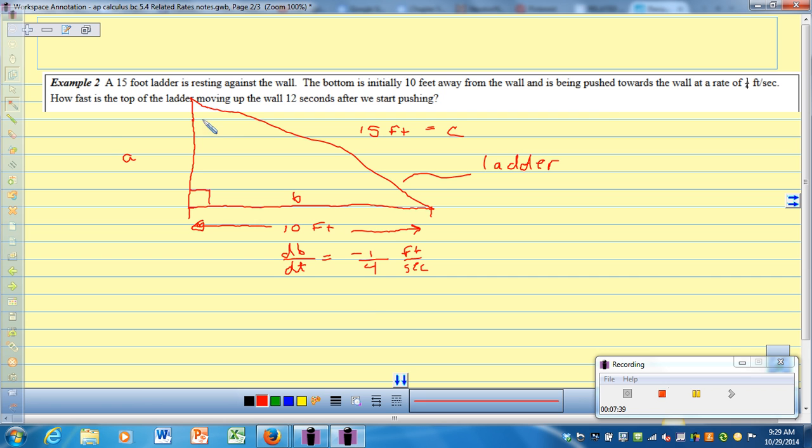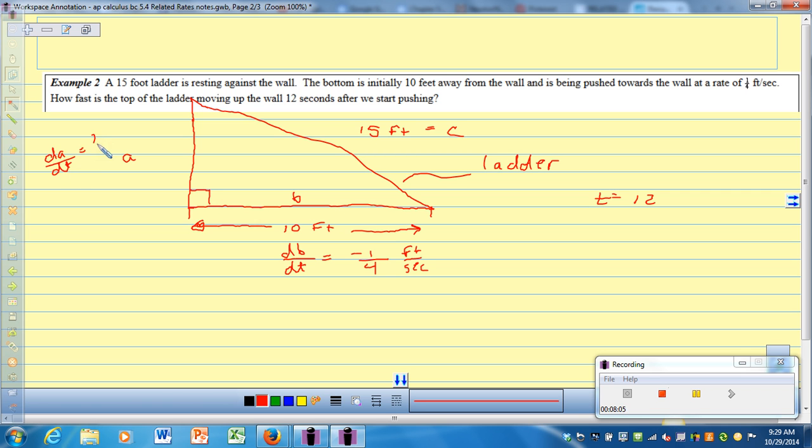Good. And we want to know how fast is the top of the ladder moving up the wall 12 seconds after we start pushing. So T equals 12. And what is it that I'm trying to find? The dA/dt is what I'm trying to find.